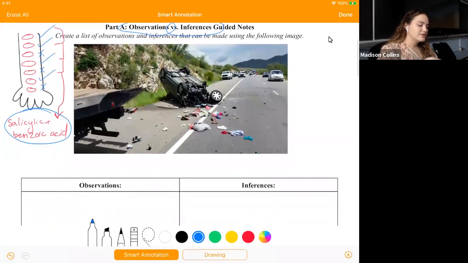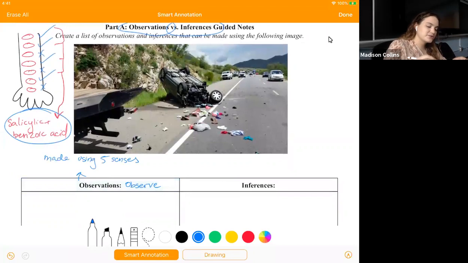So I'm here to tell you that observations, or something that you observe, are going to be made using your five senses. Okay, so this can be something that you hear, something that you see, something that you touch, etc. But this is something that you can physically observe, okay?